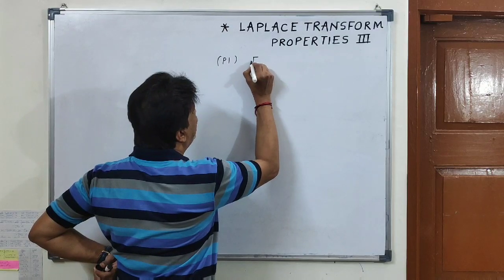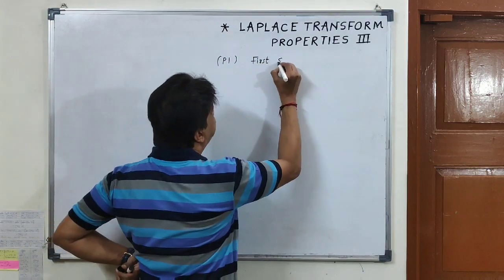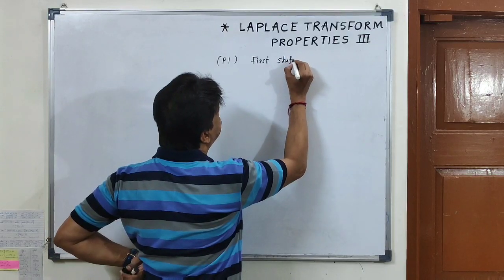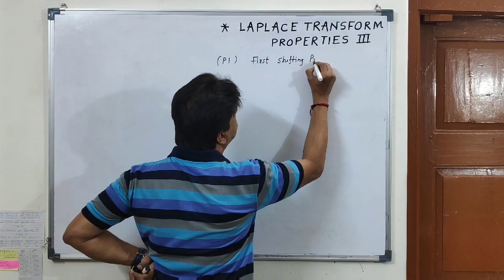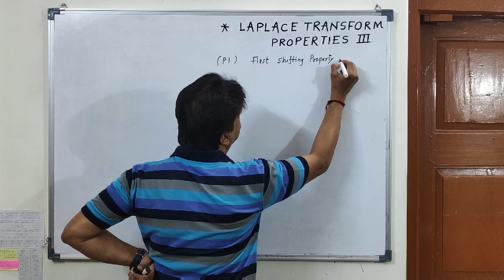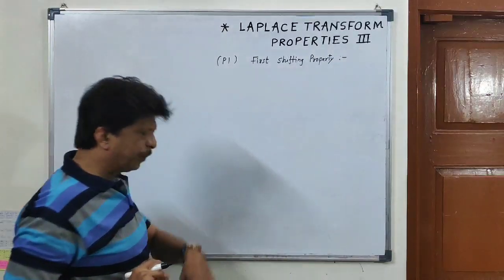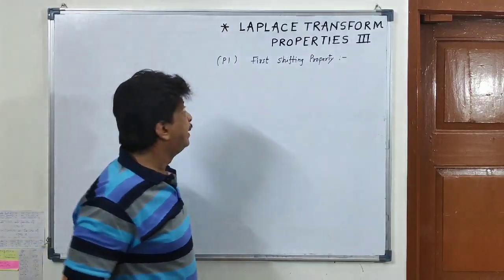First property is also called the first shift property. So what does it say?